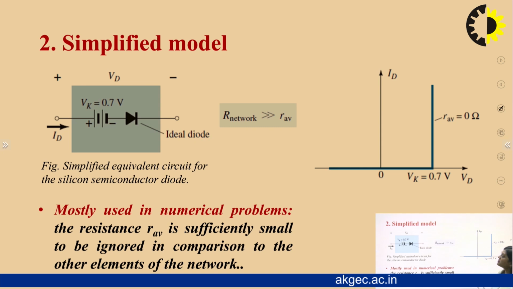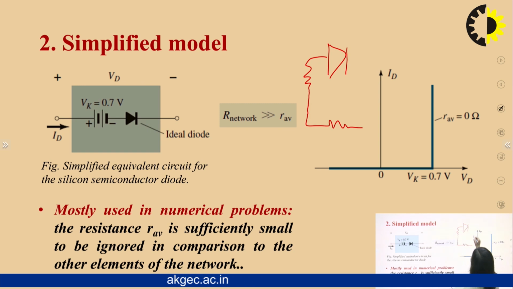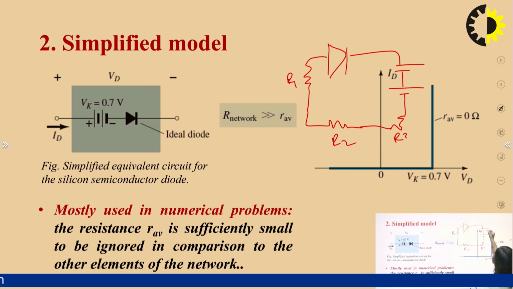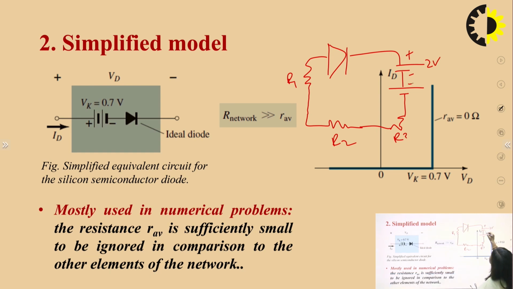Now the simplified model. Our diode is connected in a circuit with a number of resistances and batteries: R1, R2, R3, and plus-minus V volt sources. The diode has a resistance RF, which is very small in comparison to R1, R2 and R3.